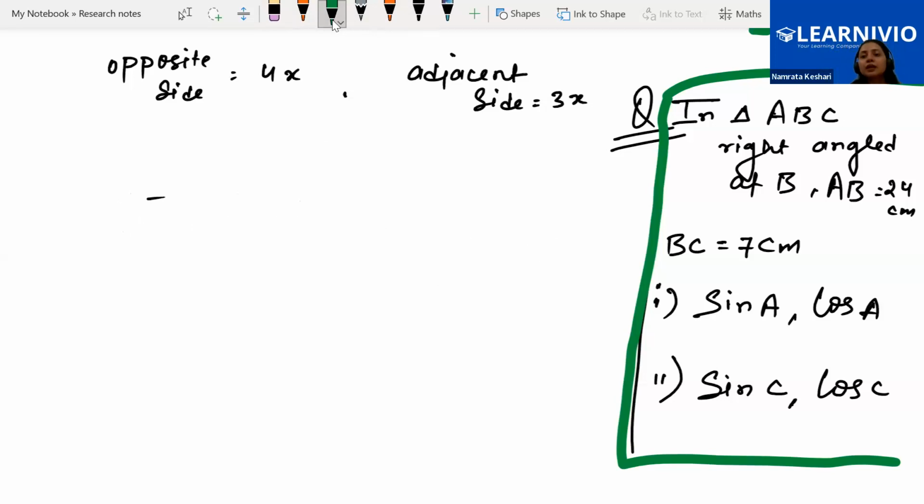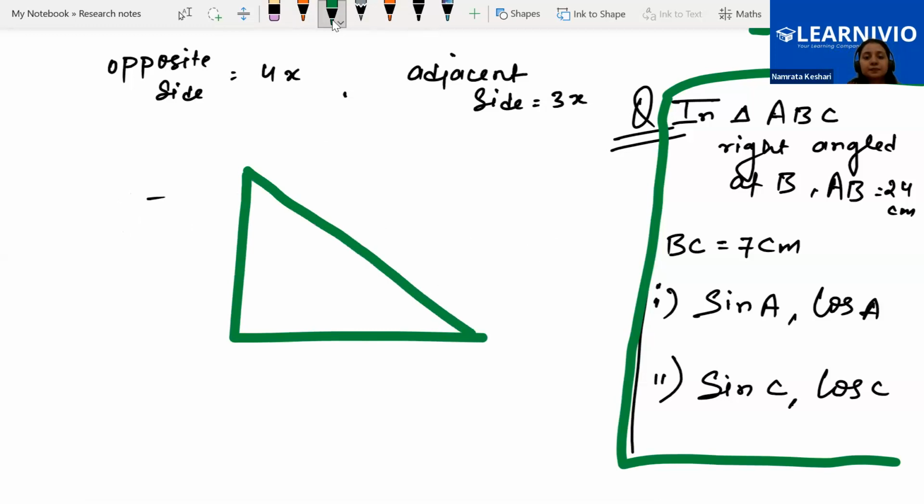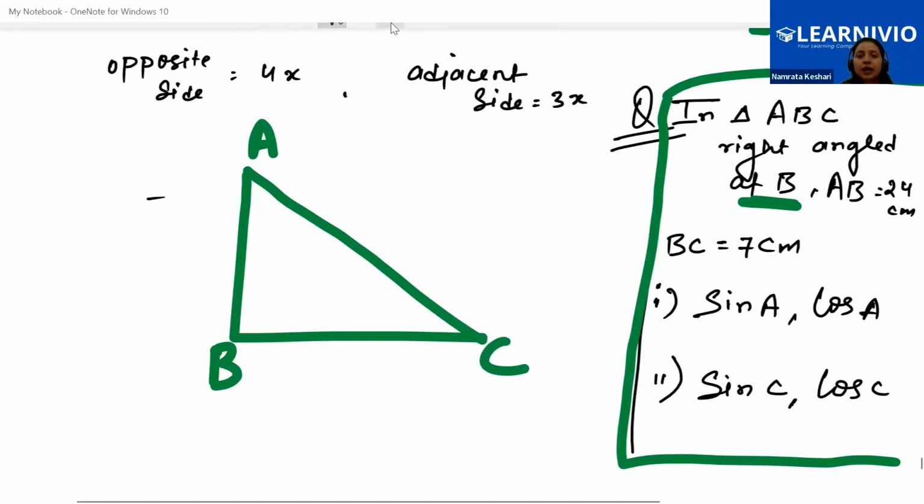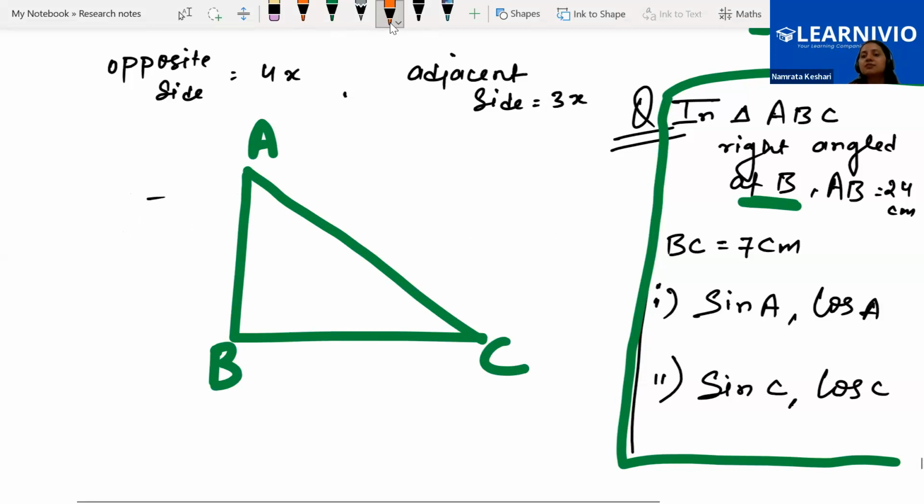Now, here it is given there is a triangle ABC. Right angle at B. It is written in the question, it is right angle at B. Okay. Now, AB is given as, let's represent right angle at B. We understand which one is the hypotenuse.